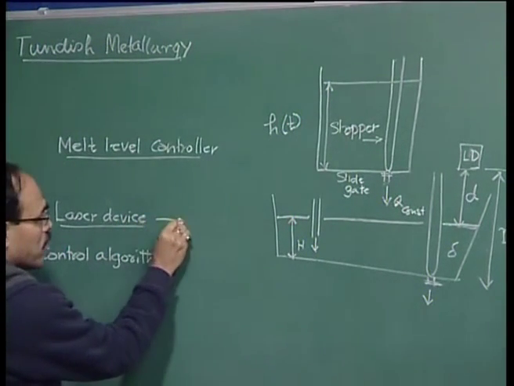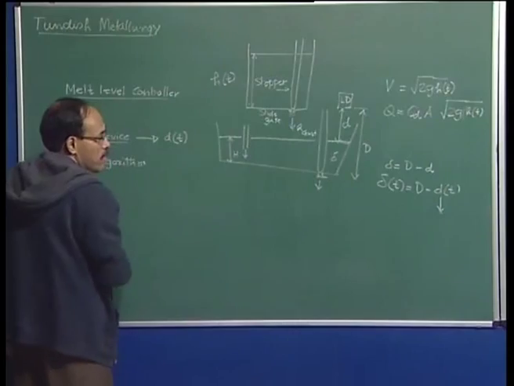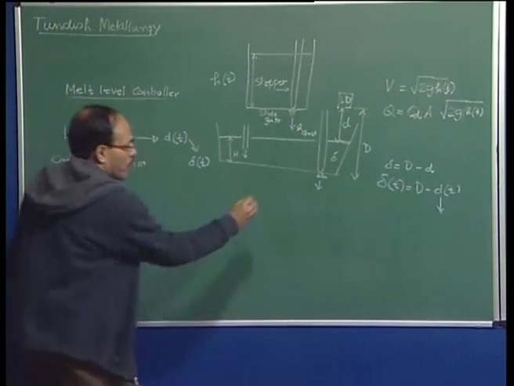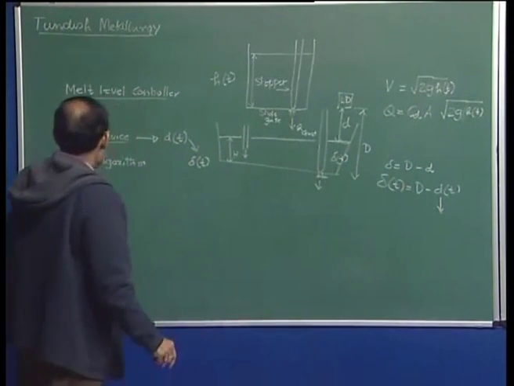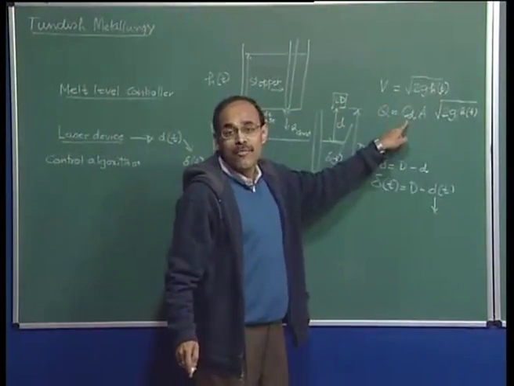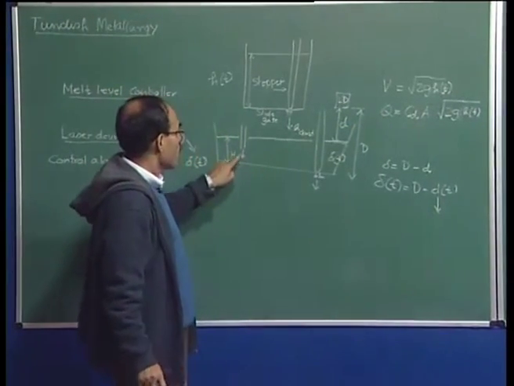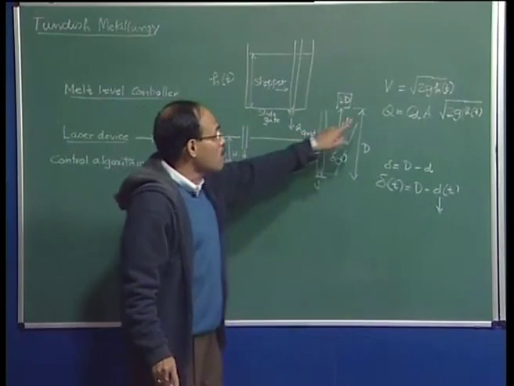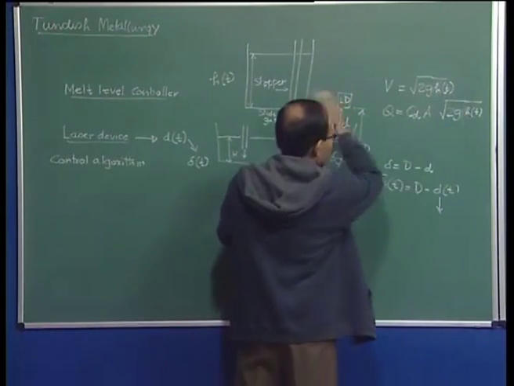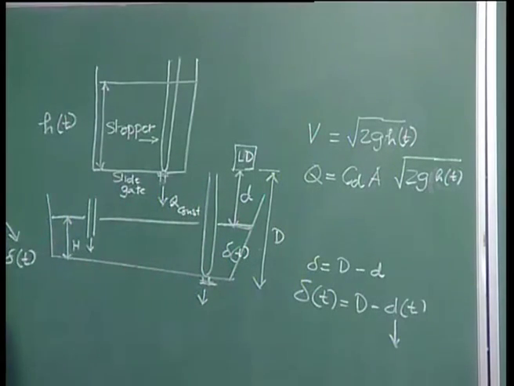So, the laser device determines d sub t, it calculates delta sub t, which is the instantaneous thickness, and now we have a control algorithm which may be a simple empirical equation or which may be Bernoulli's equation, and based on that, I want a constant flow rate. I know already what the flow rate is which is coming into the tundish. So, I will set that to be the flow rate here, and since I have already determined h sub t through my laser device, it gives me an opportunity to calculate A and accordingly adjust the nozzle.